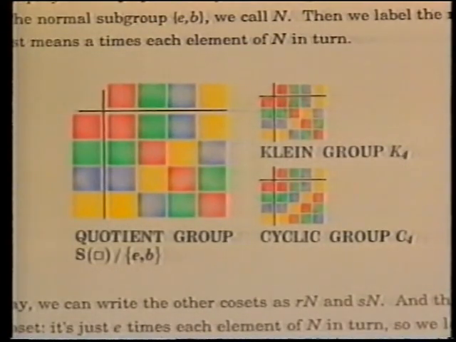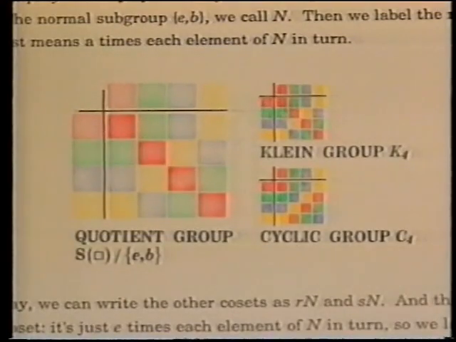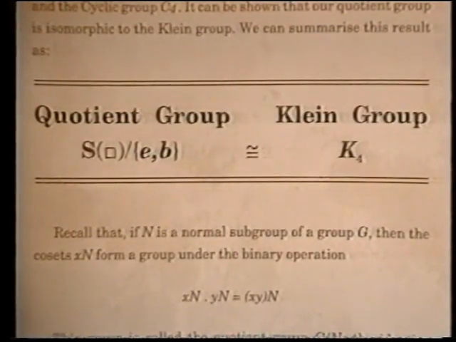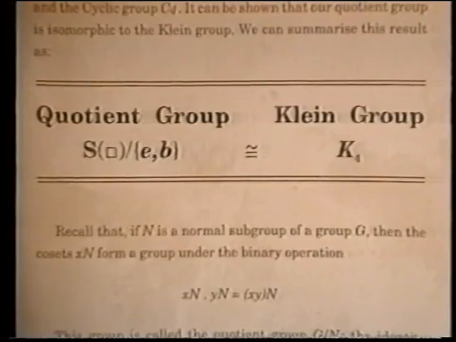If we look down the diagonal in the quotient group, we see that all the diagonal entries are the same. And that's also true of the Klein group. But the cyclic group has 2 different colors on its diagonal. So it follows that the quotient group S square over the normal subgroup EB is isomorphic to the Klein group.